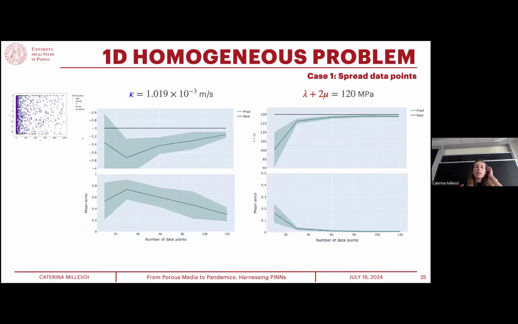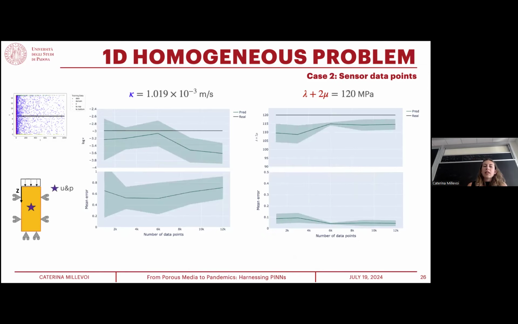So in the first setting, this plot shows the number of data points on the x-axis, and you can see there is a monotonic trend of our estimation: the larger the data set size, the higher the accuracy of our approximation.